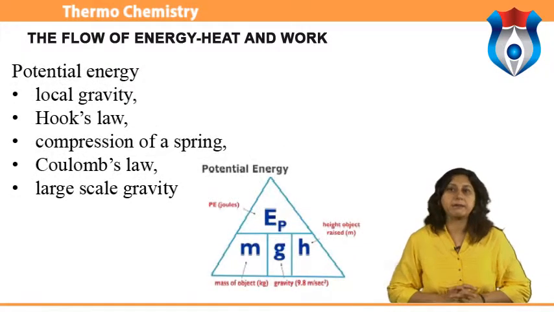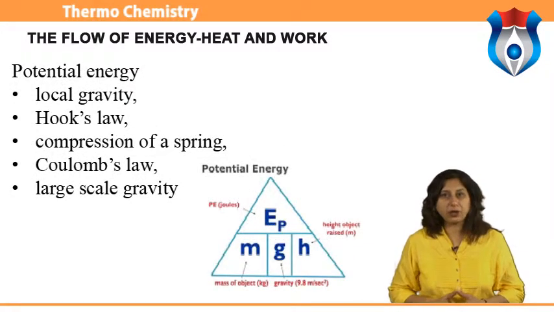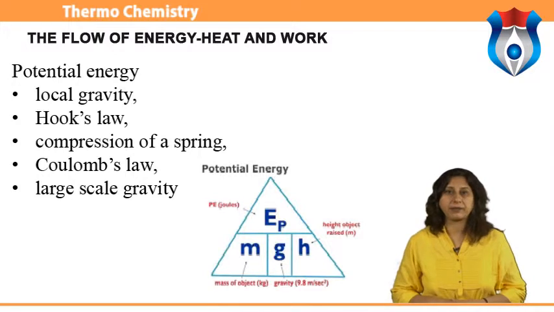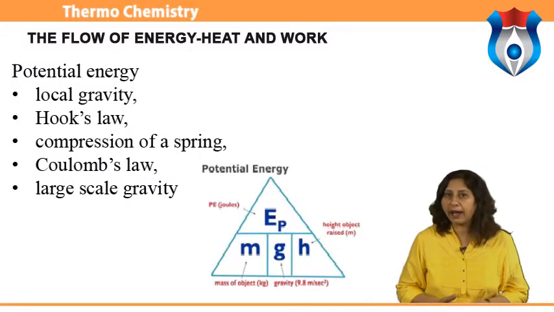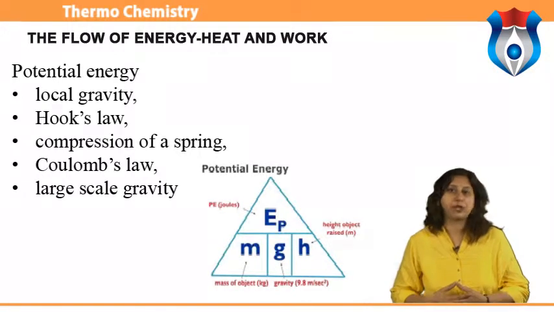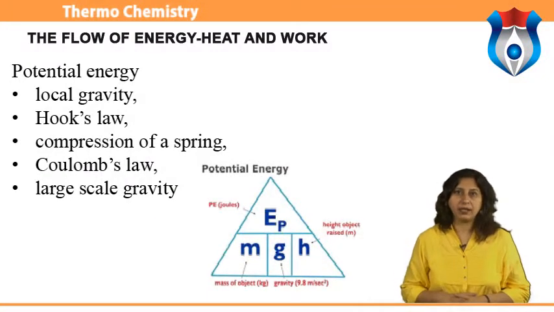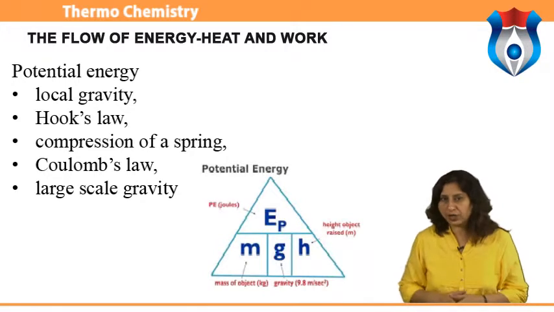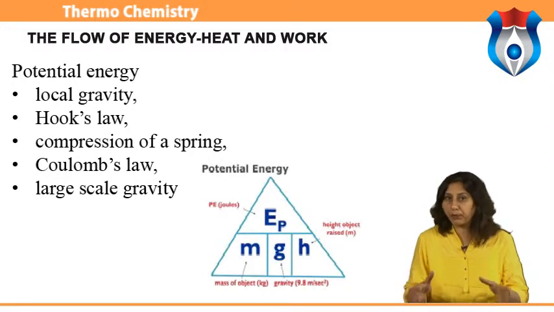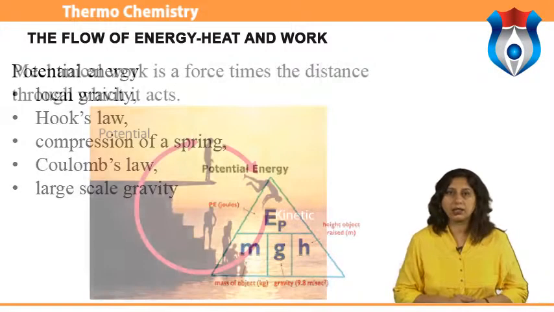Potential energy has many different forms depending on the physical system at hand. For example, local gravity, Hooke's law, compression of a spring, Coulomb's law, large-scale gravity. Kinetic and potential energy are interchangeable and both can be converted into work.